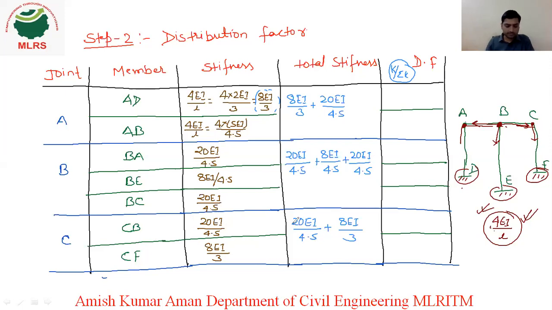So after calculating these two things, we got, sorry, not the moment of inertia, the distribution factor. For AD we got 0.375. For AB, we got 0.625.